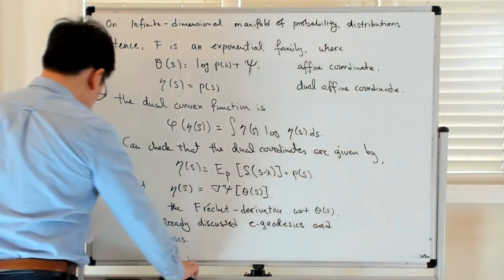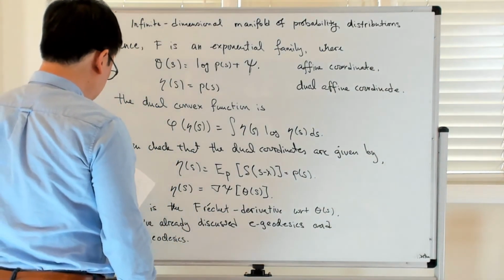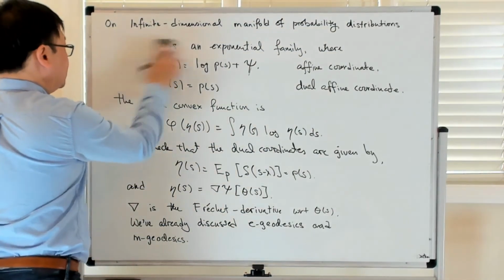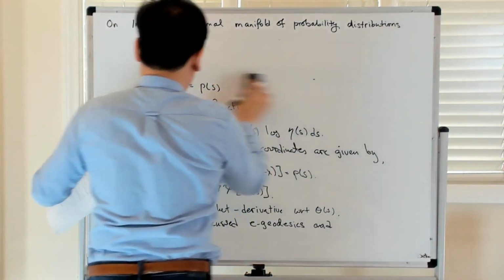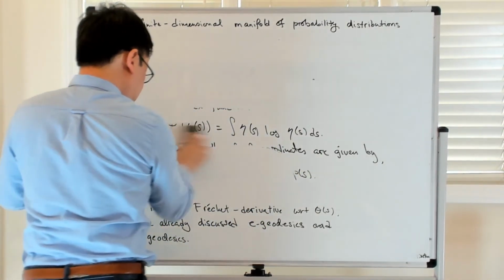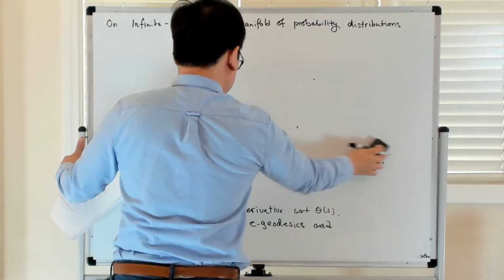All right, and then we can look at the tangent vectors associated with that. Maybe let's just recall what these E and M geodesics are.